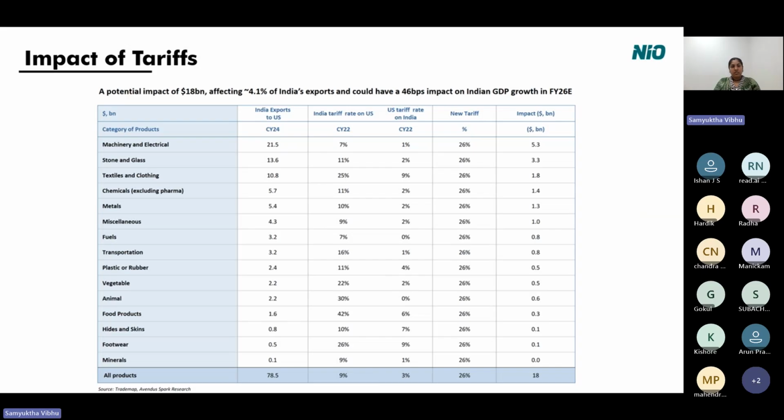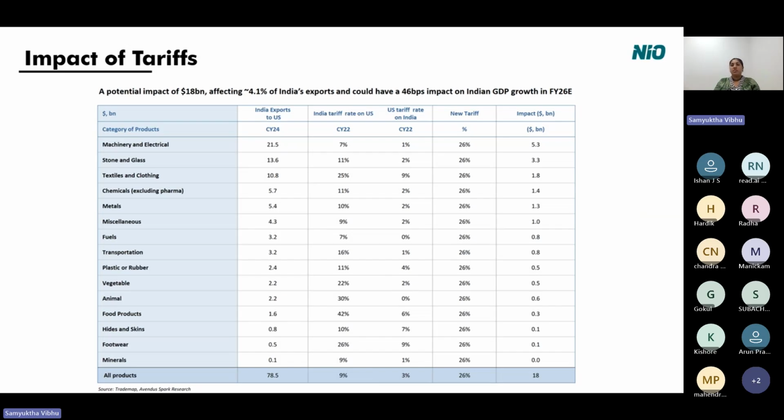All right. So if this goes on and we end up paying this 50% additional tariff over and above the existing rates, then I think this impact could be almost $18 billion. And this would affect our GDP growth by roughly 0.5%. Right.